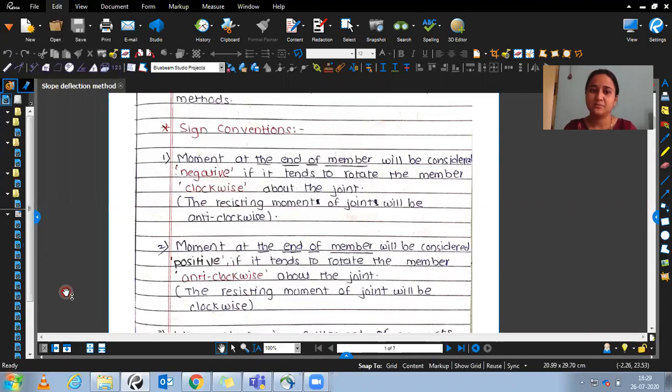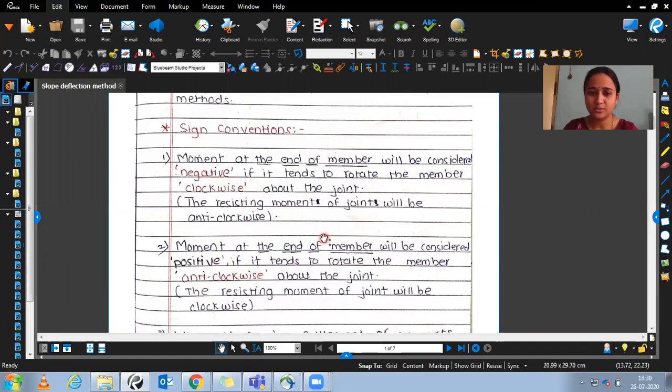Similarly, the moment at the end member will be considered positive if it tends to rotate the member in anti-clockwise direction about the joint, and the resisting moment of the joint will be clockwise.